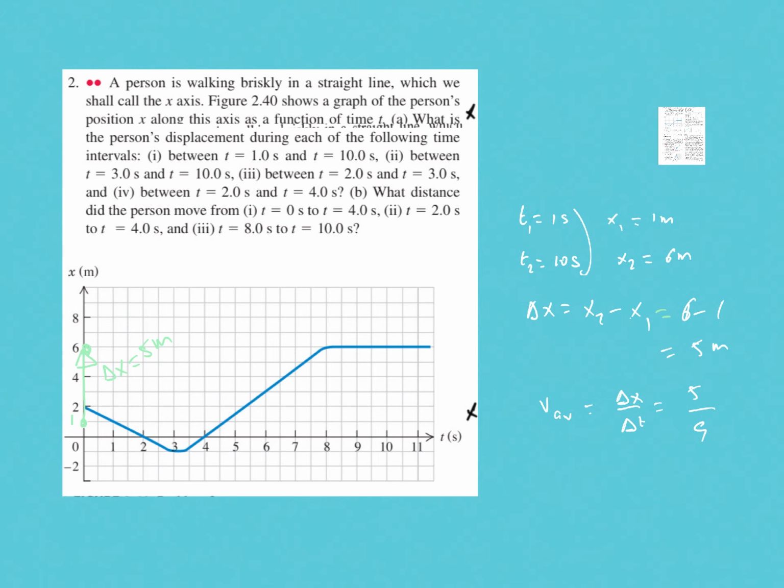So let's write it. Between t equals 0 and t equals 4, the displacement delta x equals -2 meters. And the distance traveled is 4 meters. How many steps did he walk?